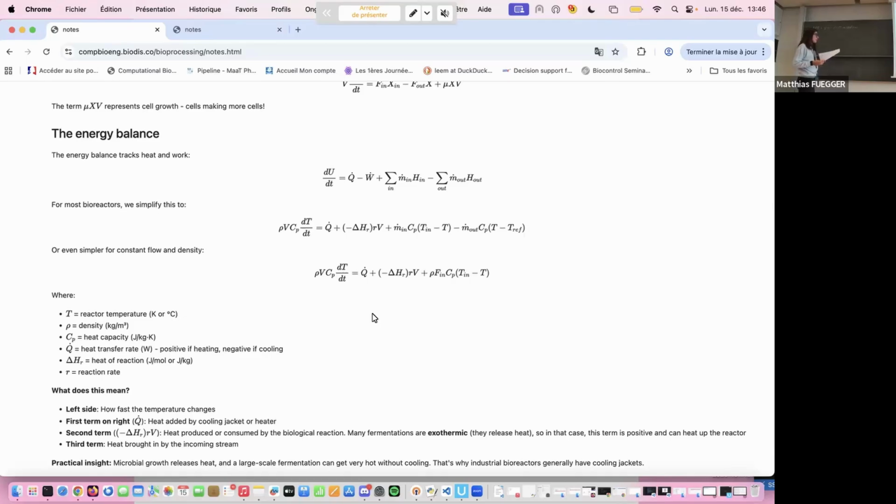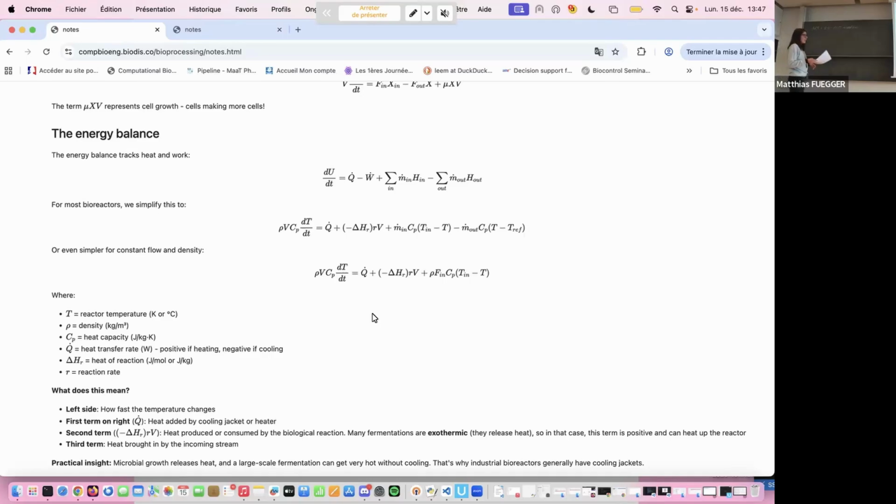In particular, when we have an exothermic reaction, we have an increase of the temperature inside the system. When we have an endothermic reaction, we can have a reduction of the temperature of the system.